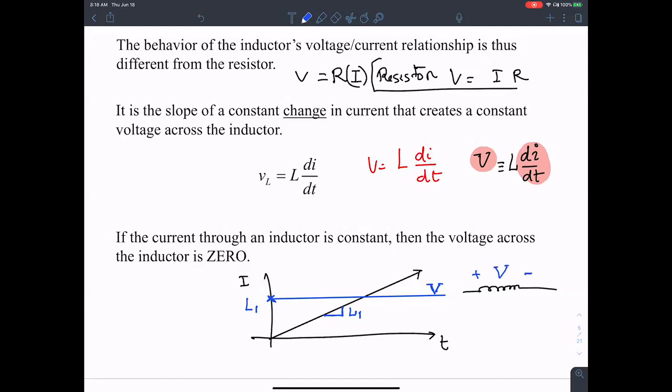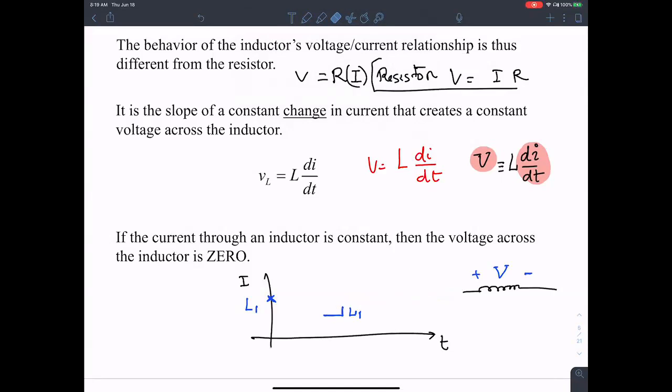Okay, so what do you think happens if the current is not increasing across an inductance? So this is the current across an inductance, right?